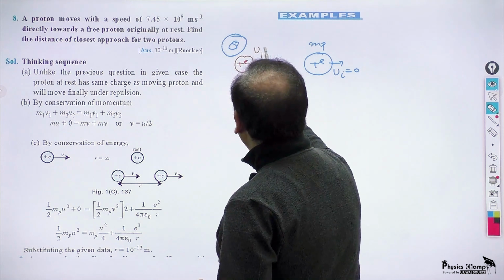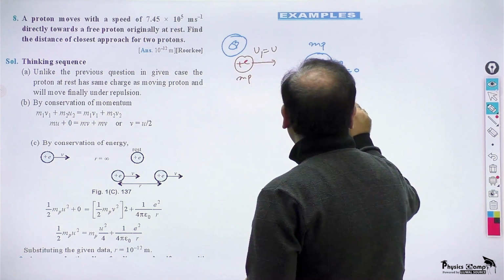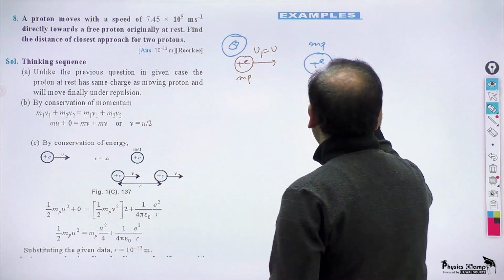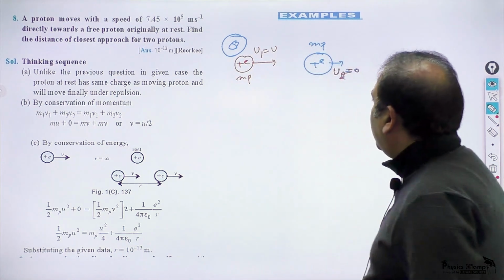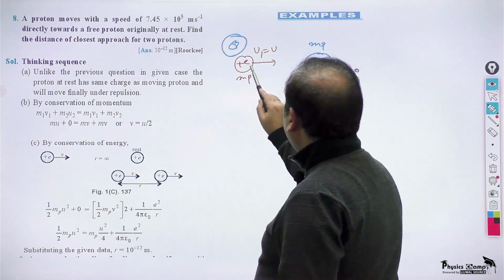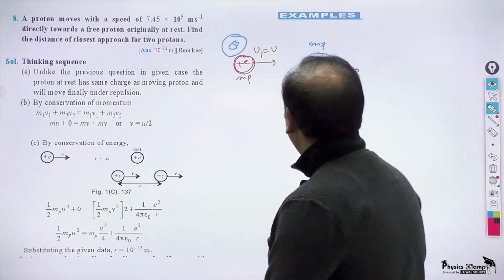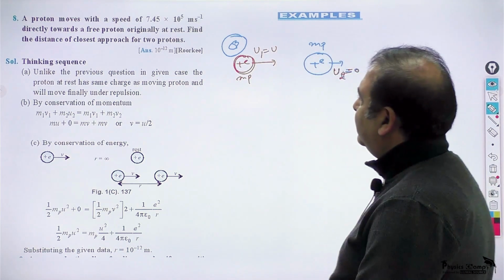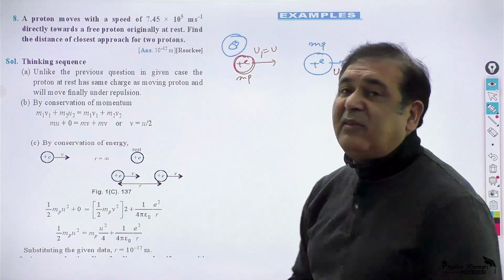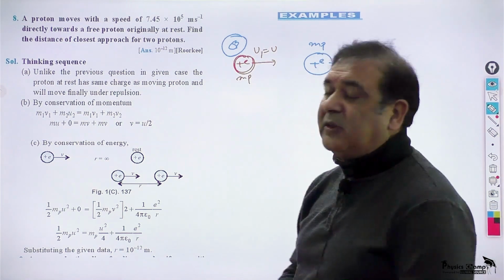I can call it u1 is equal to u, and u2 is equal to 0. So this proton is moving towards the other proton which is at rest. Find the distance of closest approach for these two protons.